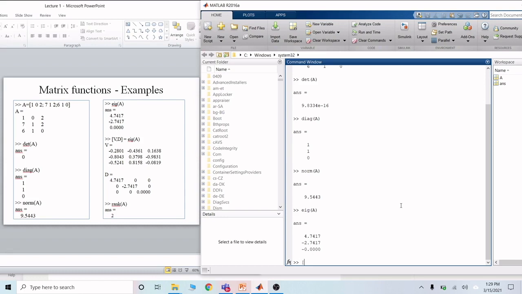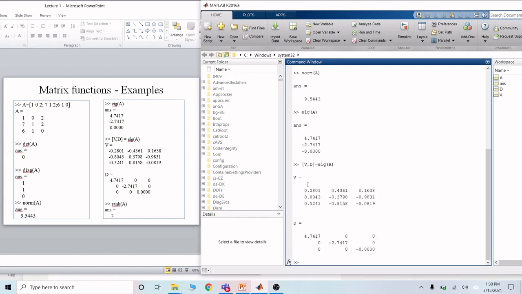And the other command: V comma D is equal to EIG A. This will give you V. V holds the eigenvectors. The first column of V is the eigenvector corresponding to this 4.7. The second column is the eigenvector corresponding to this, and the third column is the eigenvector corresponding to 0.